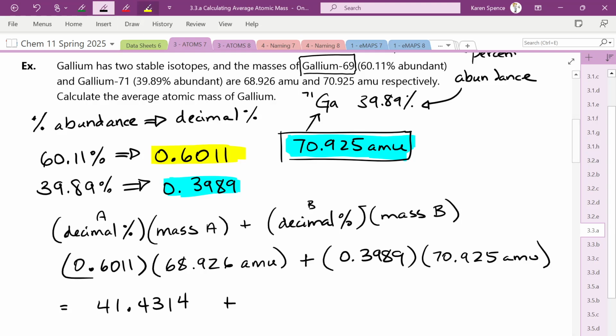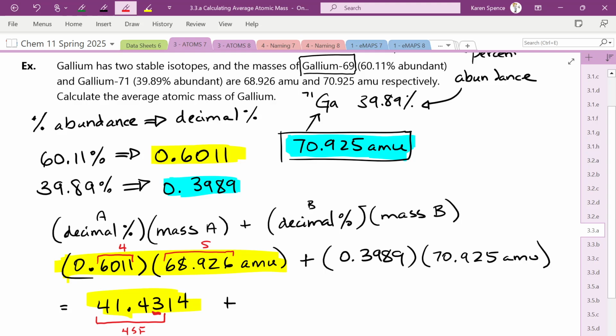So this bit here became that. How many sig figs would we have in this answer? We would have 4 sig figs. We have 4 sig figs here, and we have 5 sig figs here. So we have 4 sig figs here, and that means that our 3 is the uncertain digit. Yeah? Okay.